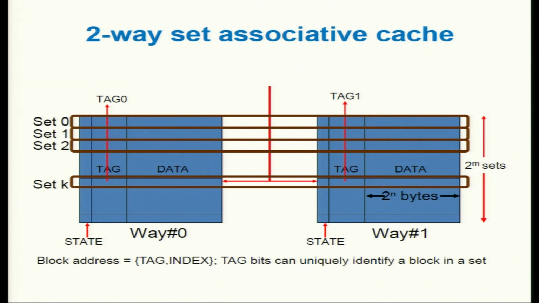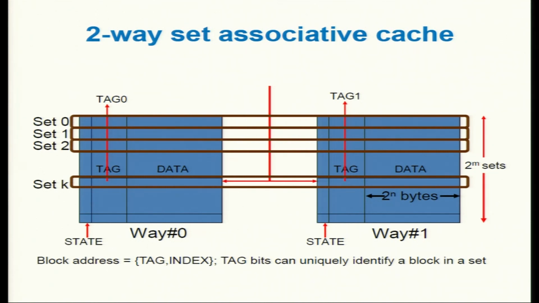Wherever a data item comes, it is assigned a particular set by some hash function. And as you can see here, in this particular case, a set can hold two elements. It can sit here or here. So you can choose whichever place it wants to sit in.